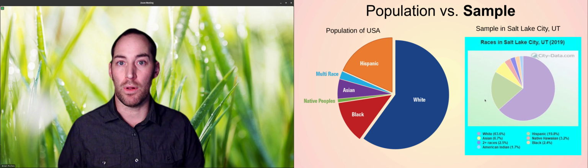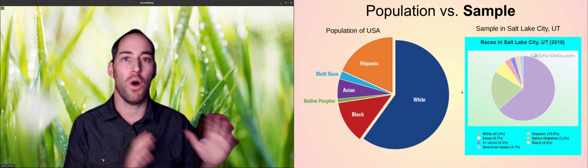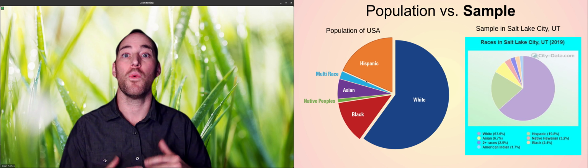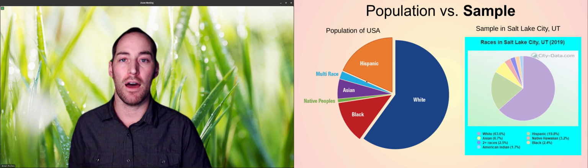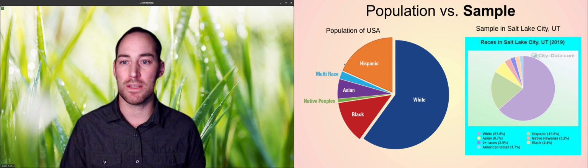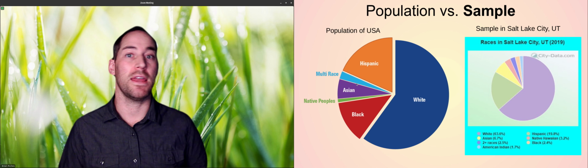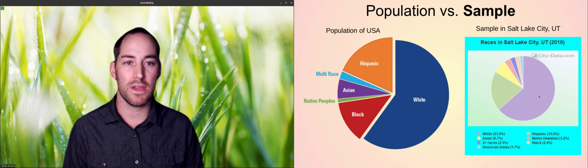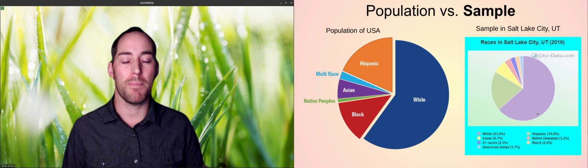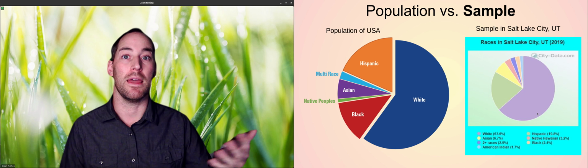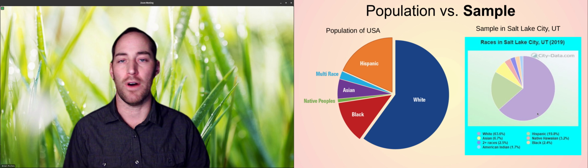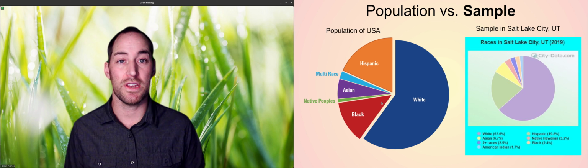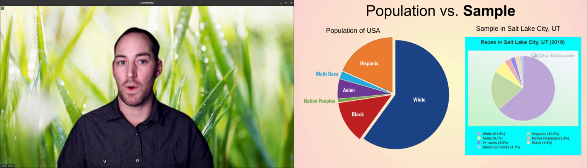So if we took our whole sample from Salt Lake City, we might not be getting a good representative picture of the USA. If that's the population we wanted to make inferences or claims about, and our sample only comes from Salt Lake City, we might not be able to make claims if, say, ethnicity is a critical piece of the variables we're looking at, because the ethnicity breakdown is so much different than what we see population-wide in the US.